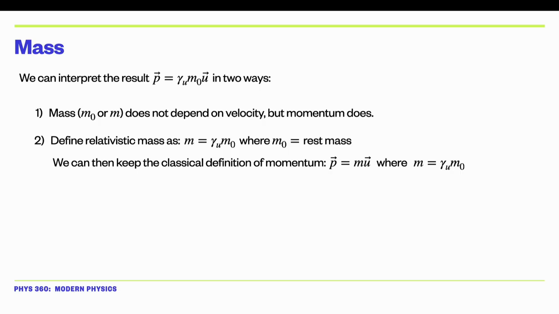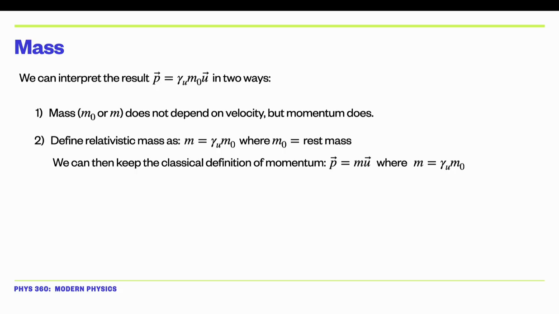Most folks now tend to like this first way of thinking about it, that mass is constant, and then when you define the momentum, you've got to multiply by a gamma. And the second way of thinking about it, you could simply write that momentum is mass times velocity, which is the classical definition, but allowing for mass to change with velocity. So you'd say m is just equal to gamma times m naught.